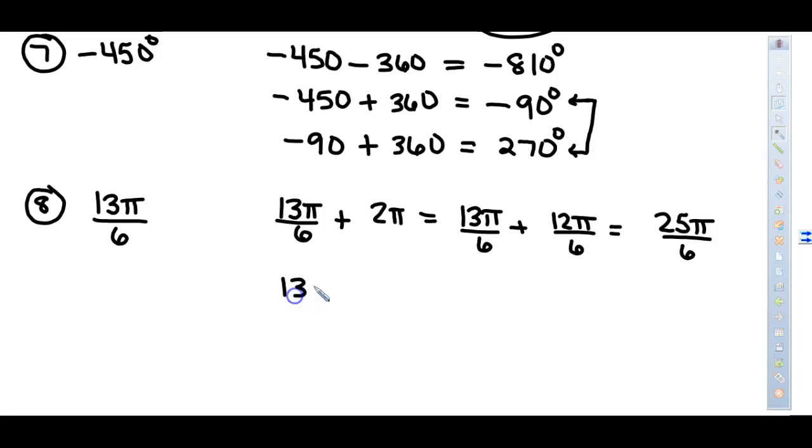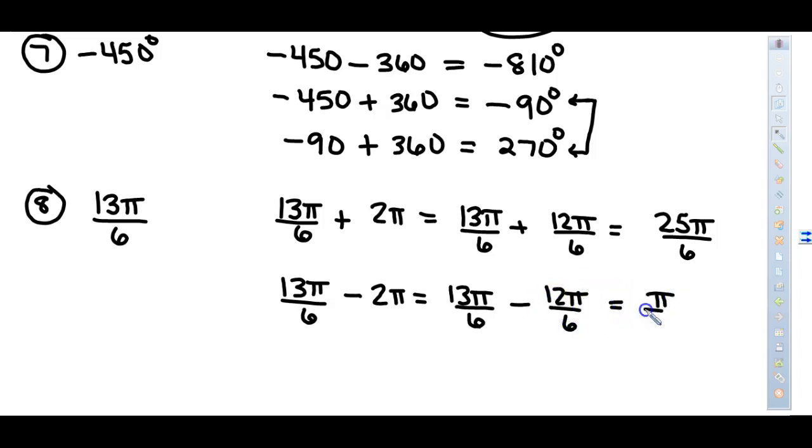Now let's subtract it, though. Let's see what happens when we subtract 2 pi, meaning that we're subtracting 13 pi over 6 minus 12 pi over 6. Well, again, that gives me a positive. Remember, I want a positive and a negative.